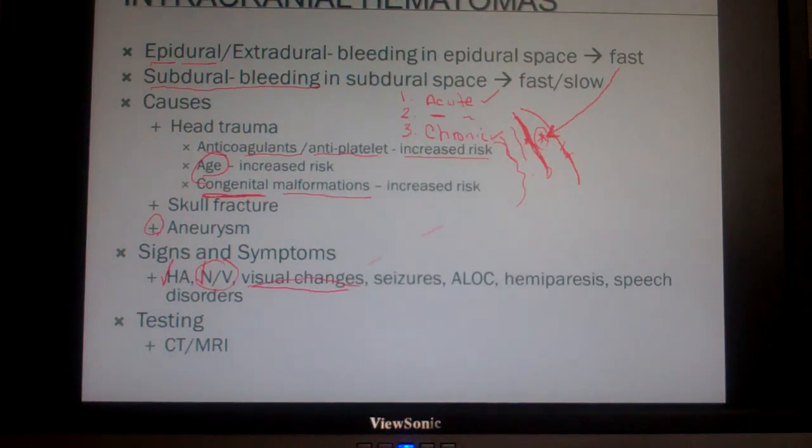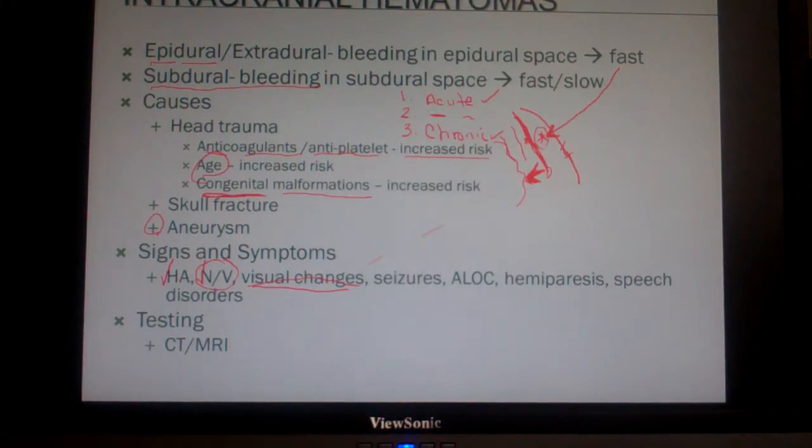You're still putting pressure on the brain, whether it's temporal arteritis putting pressure on a nerve or a brain, or meningitis or encephalitis or hematomas, whatever. You're going to get kind of the same things, the altered level of consciousness.